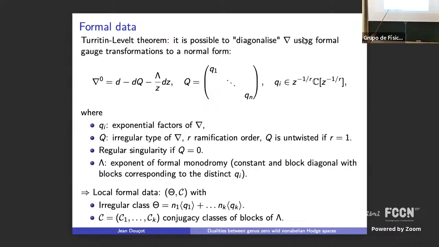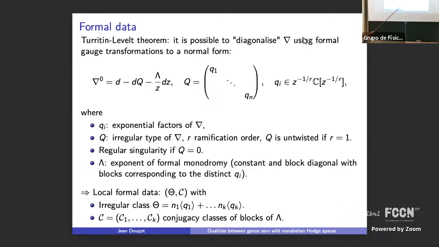I will say that local formal data of a connection are a pair consisting of an irregular class, which is just the collection of the exponential factors, but I forget the order compared to the irregular type, and here it's the multiplicity.